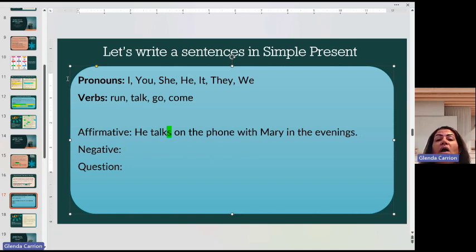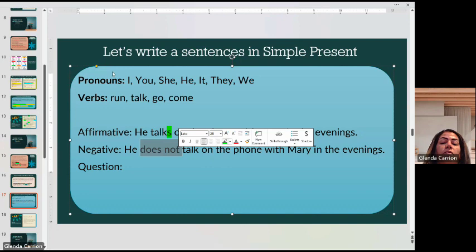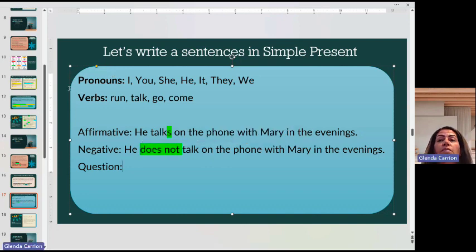But now I want to do it in negative form. So now I have to add does not, right? And this is the way to do it. He does not talk, no S, on the phone with Mary in the evenings. Now let's make a question.